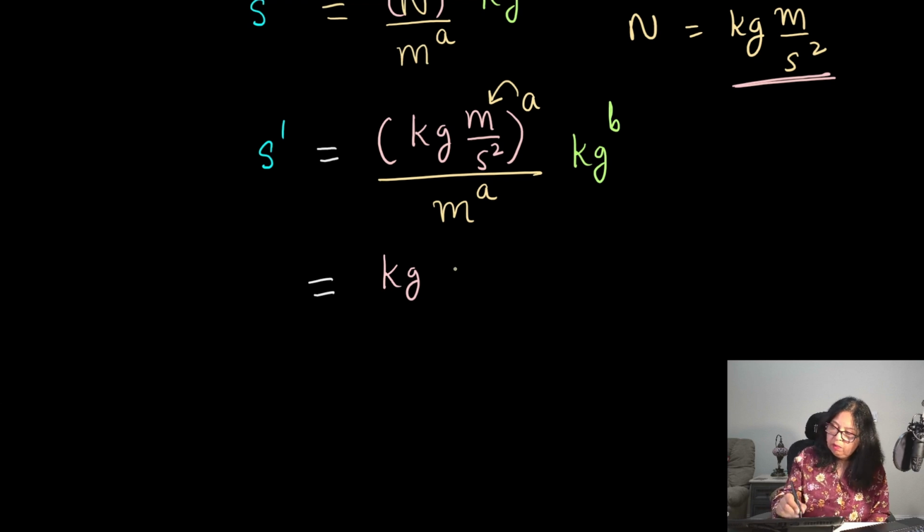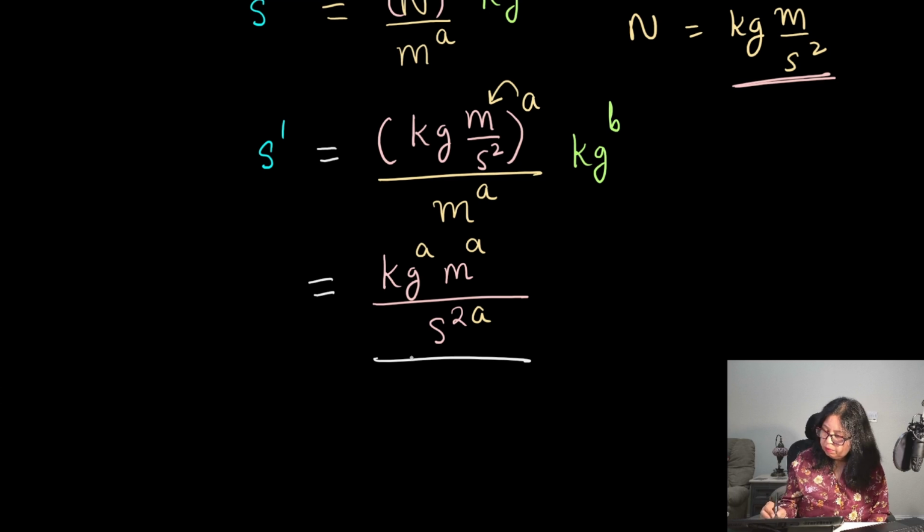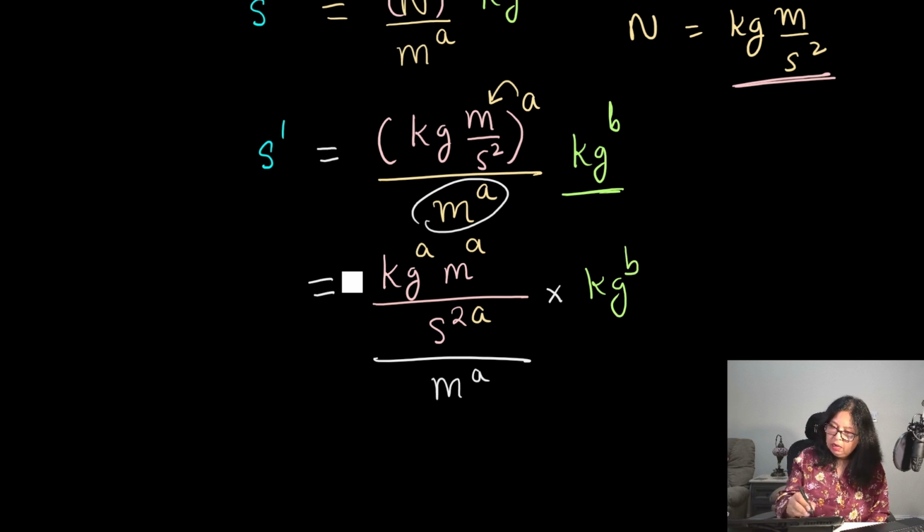Kilograms to the power A, meters to the power A divided by seconds to the power 2 times A. This is going to be divided by this M to the power A times, we have this kilogram to the power B. Now this equal sign looks a little out of place, so I'm going to move it down here. What do I have on the left side? It's still seconds to the power 1.